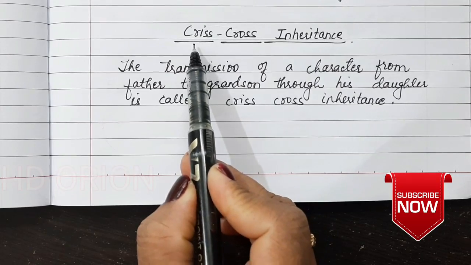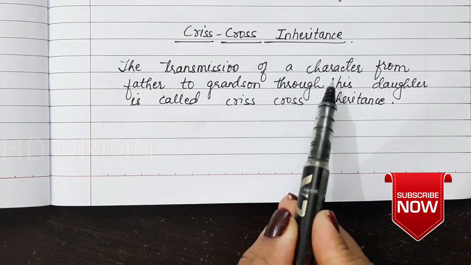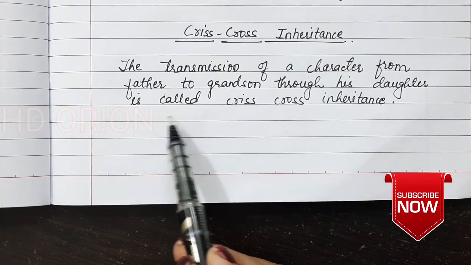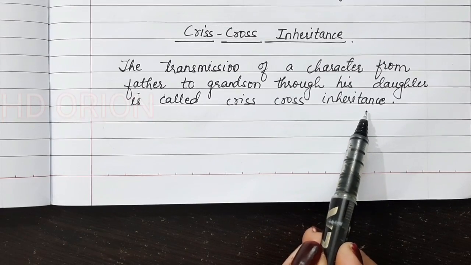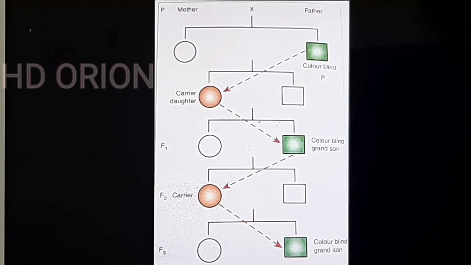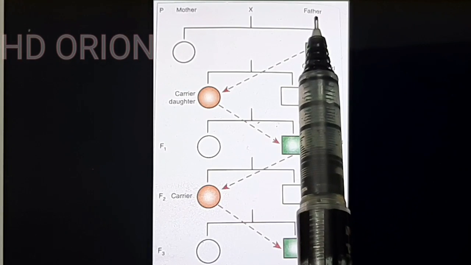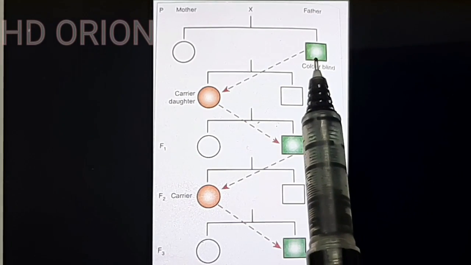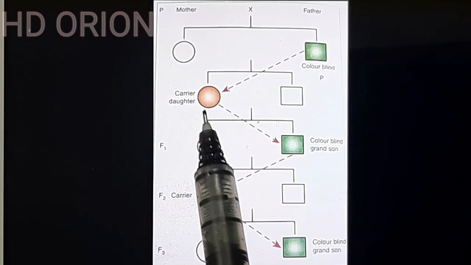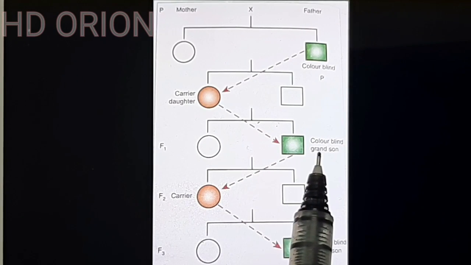Let us study now the criss-cross inheritance. What is it? The transmission of a character from father to the grandson through his daughter. This is called criss-cross inheritance. Let me explain this with the help of a figure. This is the figure showing a mother and a father. So what we see is that a colorblind father sends his gene to the carrier daughter, and from this carrier daughter the gene is again received by a son.